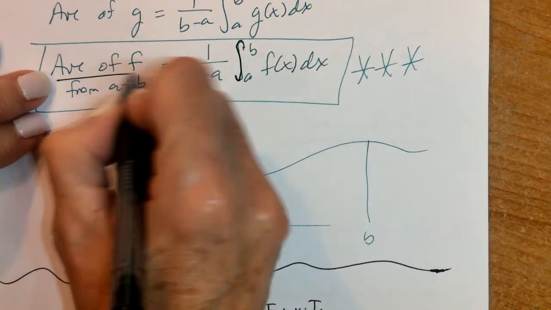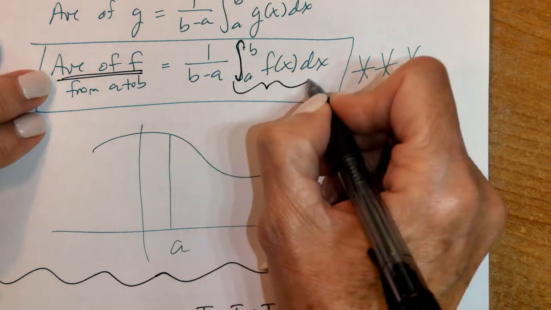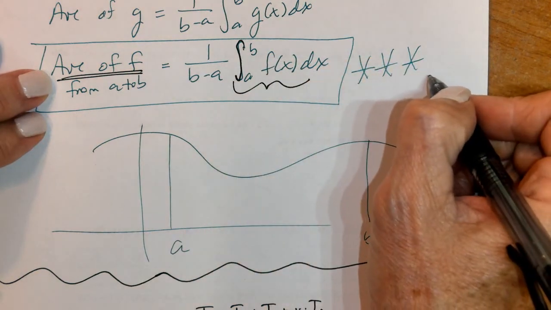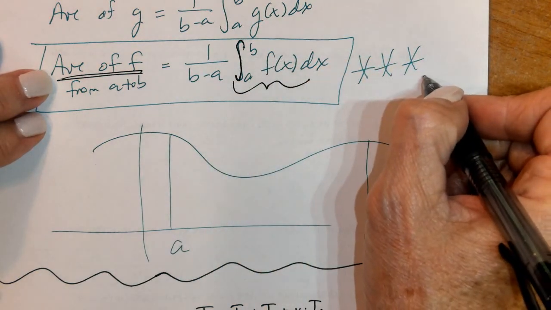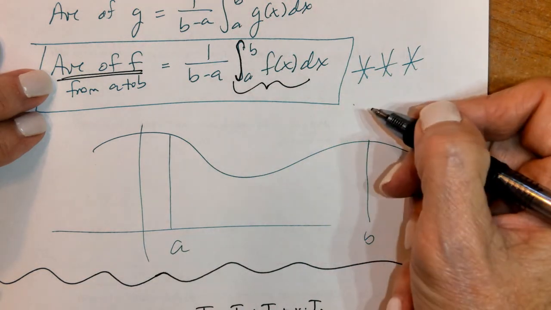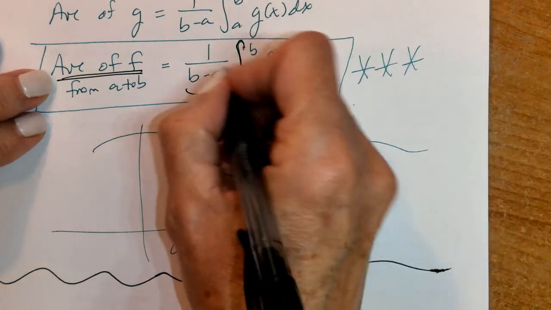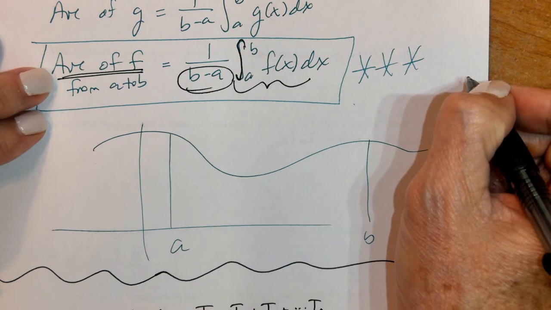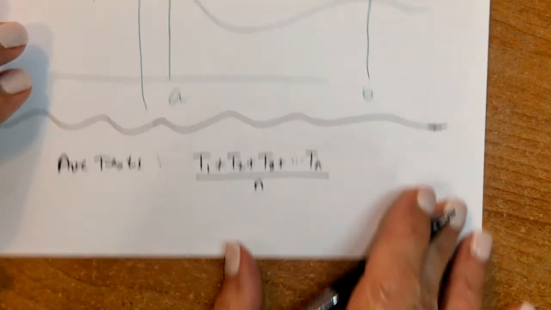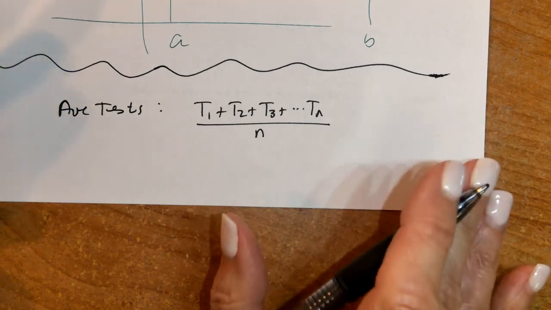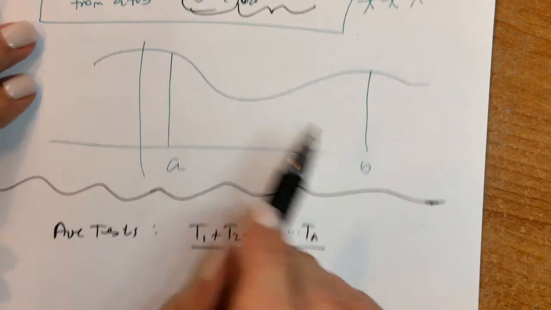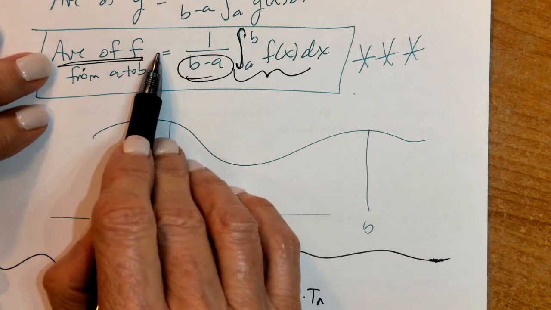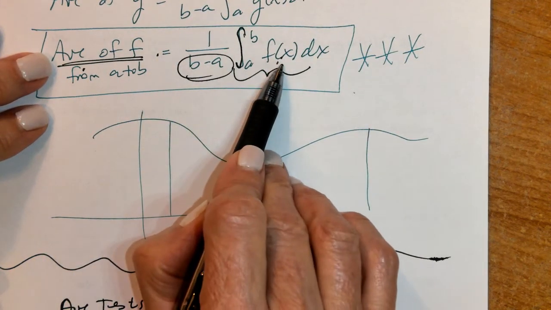So if you want the average of f, the first thing you're going to do is add up your f's. And then you're going to divide by something, b minus a. Don't forget to divide by that b minus a. Okay? So if you're asked to average f, f is in your integral.